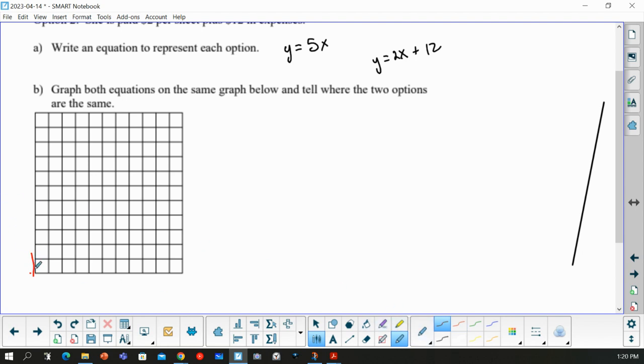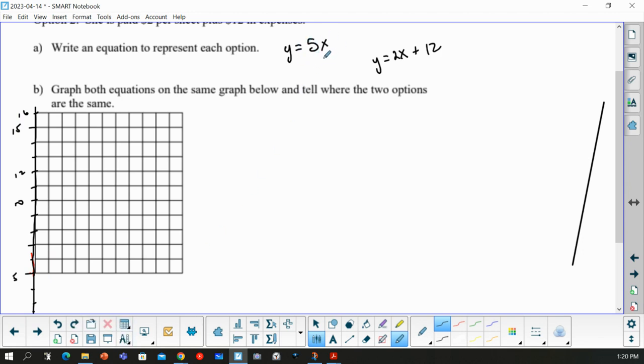We'll keep this as the y-axis. But instead of starting at 0, 0 is going to be down here. This would be 5, 6, 7, 8, 9, 10, 11, 12 is right there. Then 13, 14, 15, and 16. Okay. So 4, 3, 2, and 1, 0 down there.